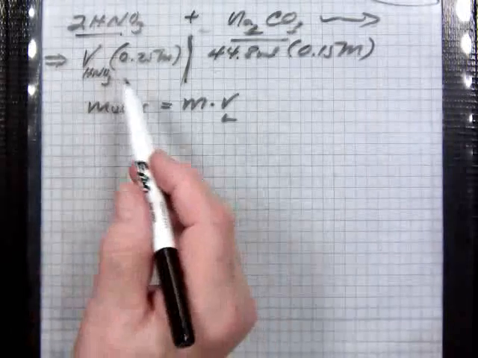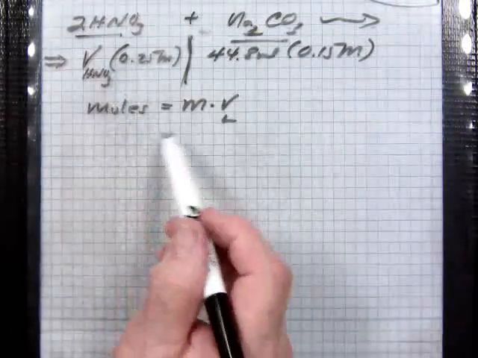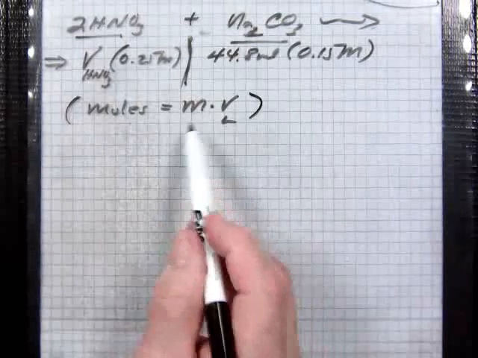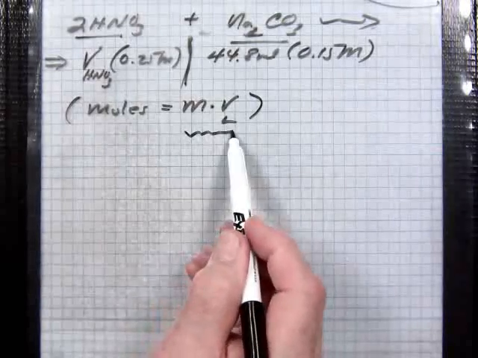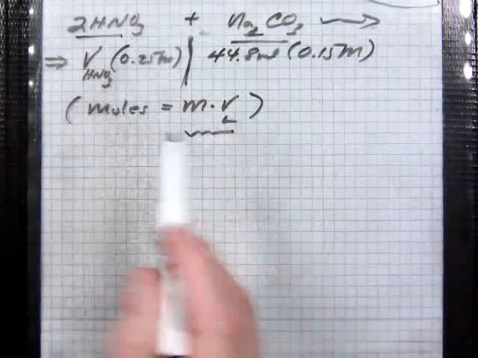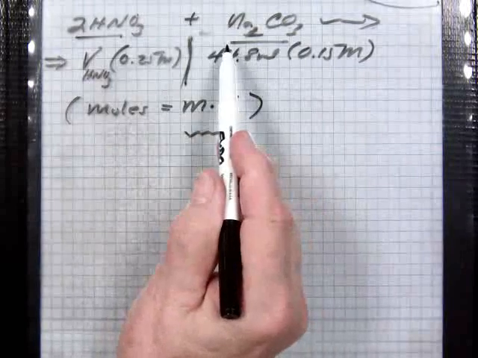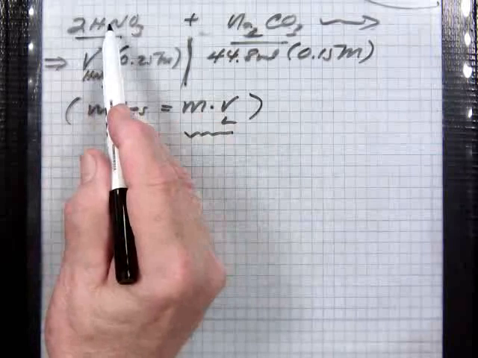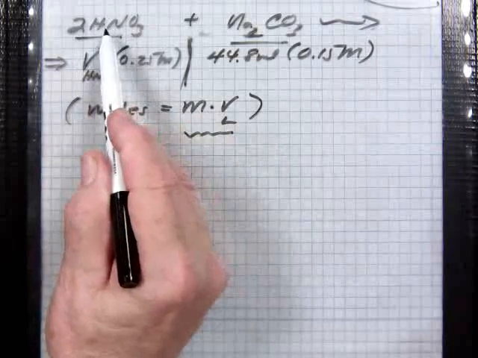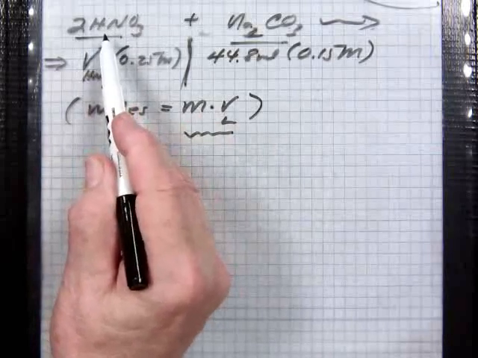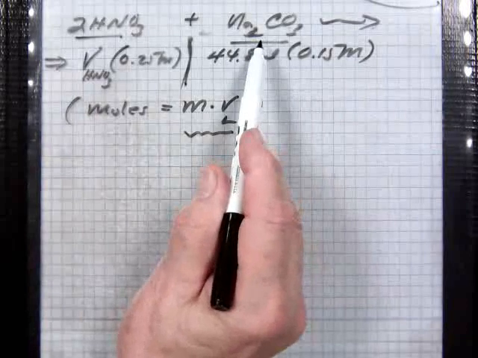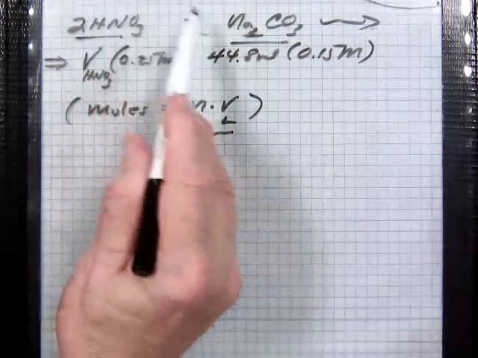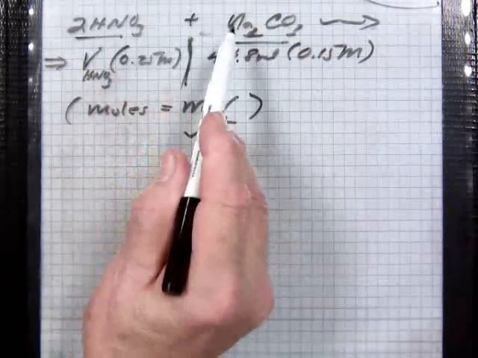So what I want to do is I want to write me an equation using this expression in terms of solution expression, molarity and volume. And I want to set these two equal. Well, if this is 2 as a coefficient of HNO3, then this one is doing whatever it does twice as much as the sodium carbonate. But I can make them equal if I move that 2 over to the carbonate side.